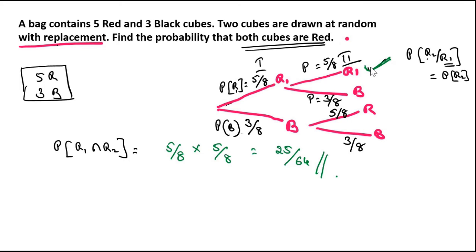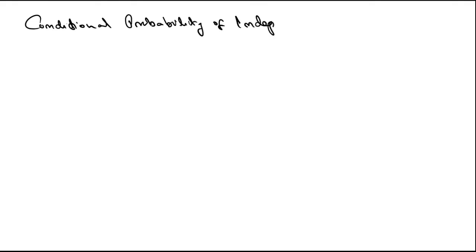Now here we can say this is conditional probability of independent events, that means with the replacement.